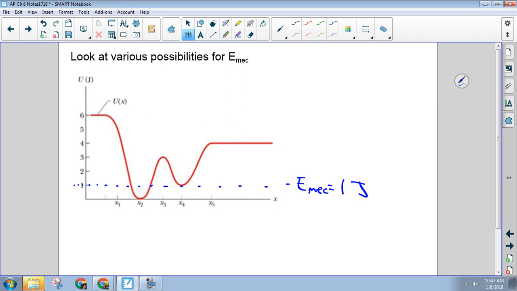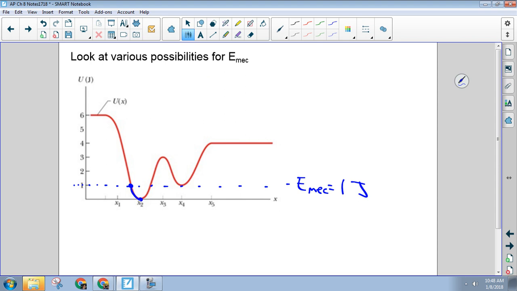So when the car is here, what's the potential energy right there? 1 joule, right? The conservative force is going to pull it this way until it gets to right here. Now the kinetic energy is 1 joule and the potential energy is 0.